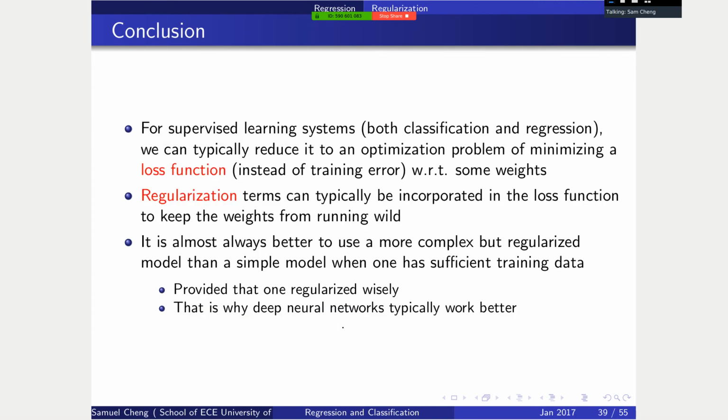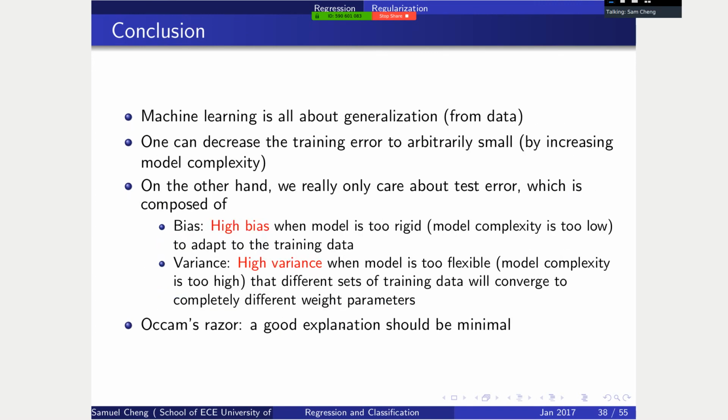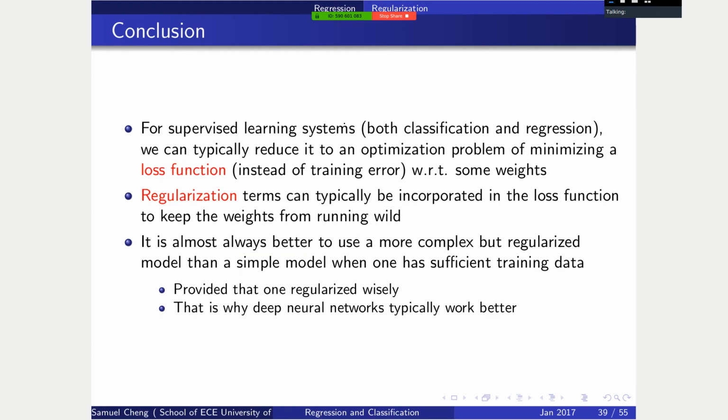So this is the conclusion: high bias, high variance. Again, it's all about generalization. For supervised learning, we have classification and regression. Supervised learning is nothing but minimizing some loss function.